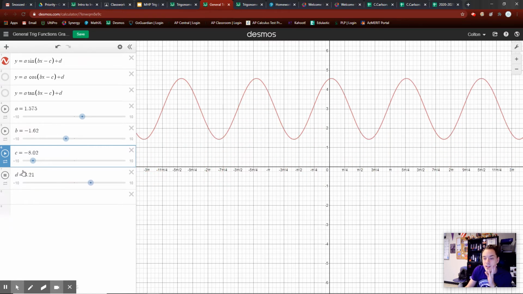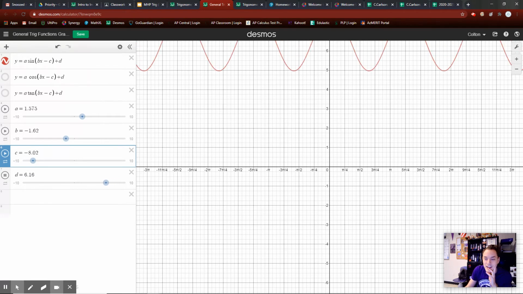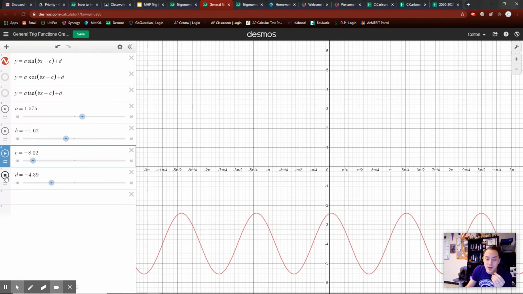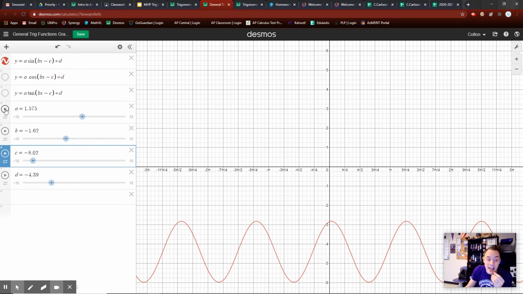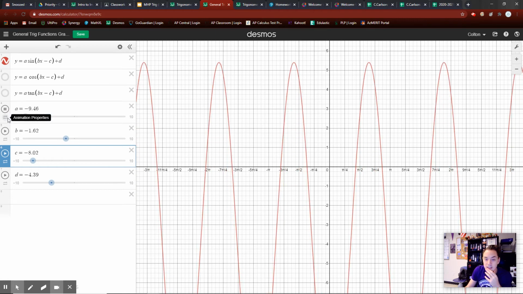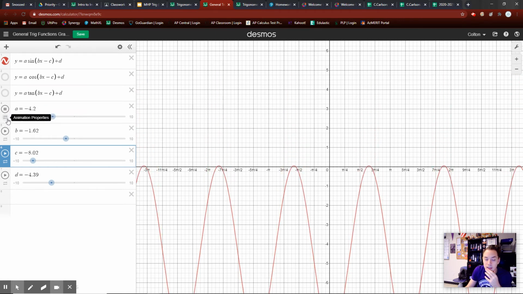Let's go to D. What do you think D is? This one's very easy. Okay, it moves the whole thing. But then students still get this confused. Ready? Students get A and D confused. So what's the difference between A and D? That's A. It's really, really, really big.